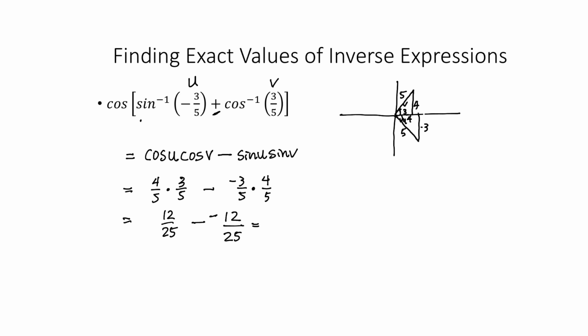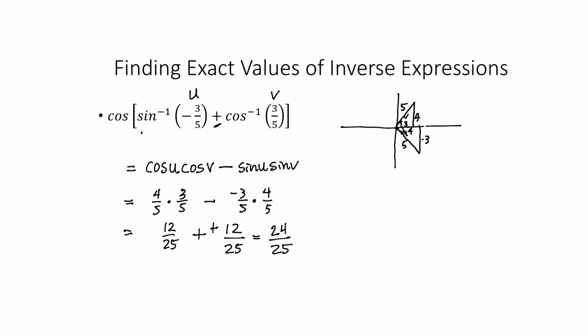And subtracting a negative is going to make it plus positive. So in this case, our answer is 24/25. Almost looked like we were going to get 0 again, but nope, we didn't in this case.